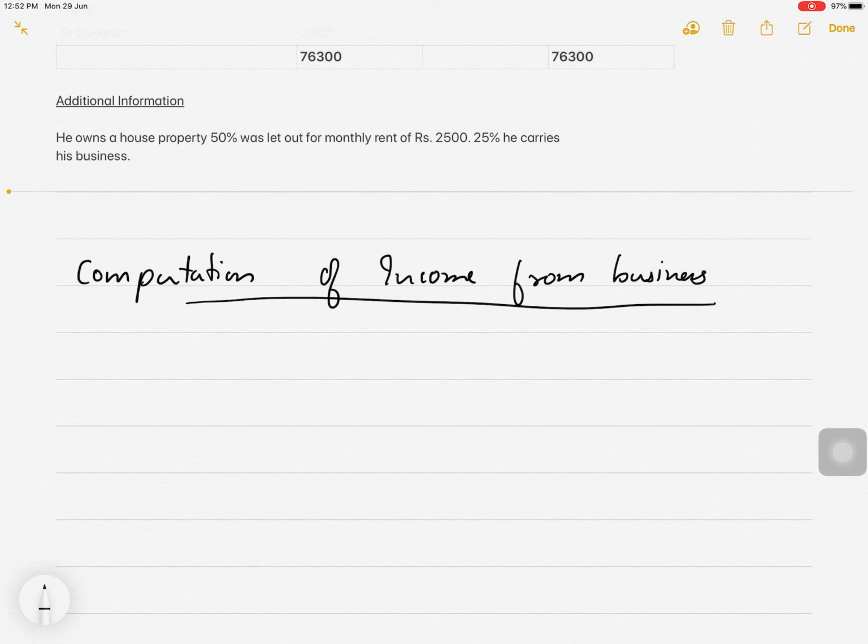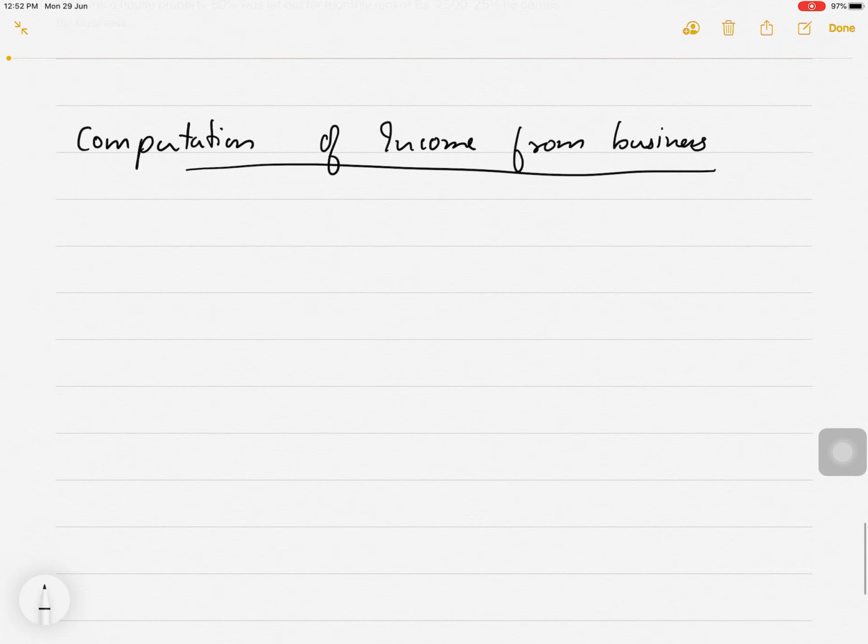Now the adjustment changes everything. Computation of income from business, two columns, particulars and amount.